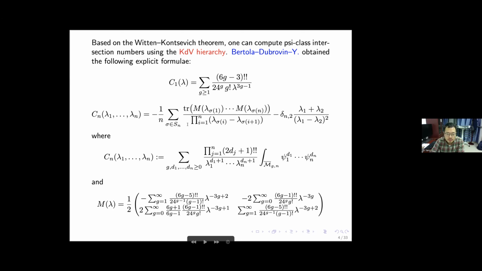From that we obtain an explicit formula of this n-point function in terms of a 2x2 matrix. This M is a 2x2 matrix, and the terms are all explicit. Then we consider products of these 2x2 matrices and take the summation over the symmetric group Sn, and from this we get all these n-point functions.